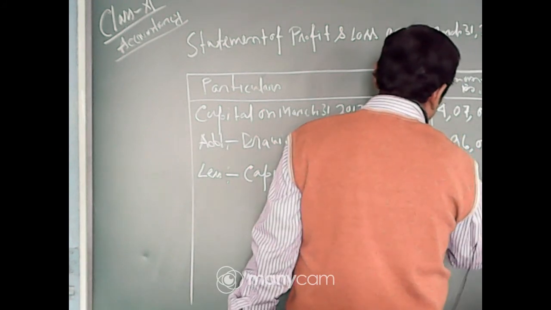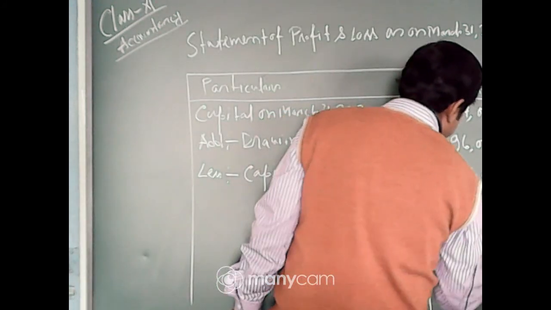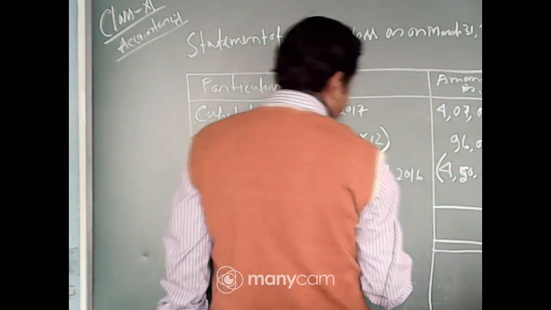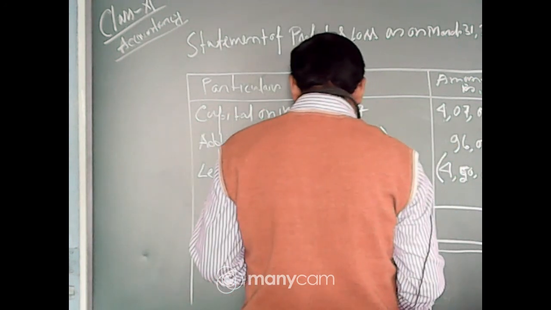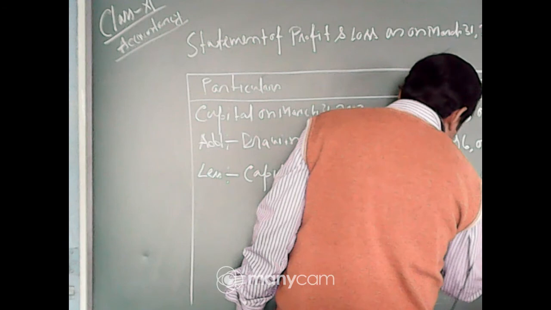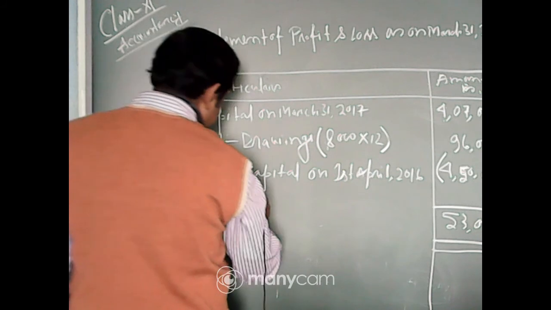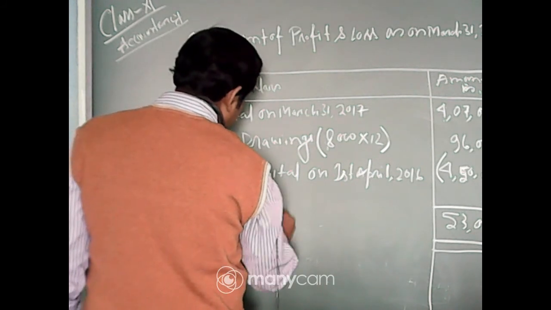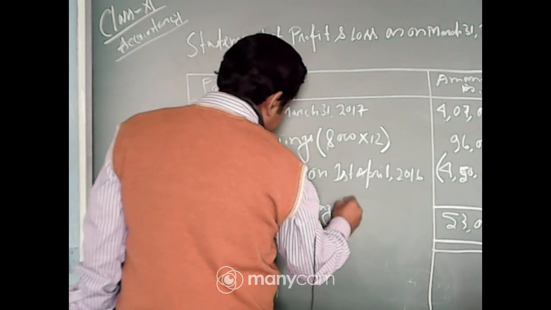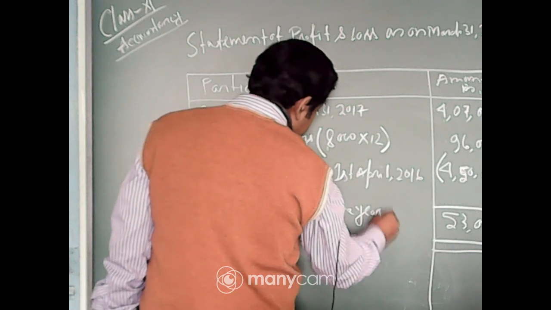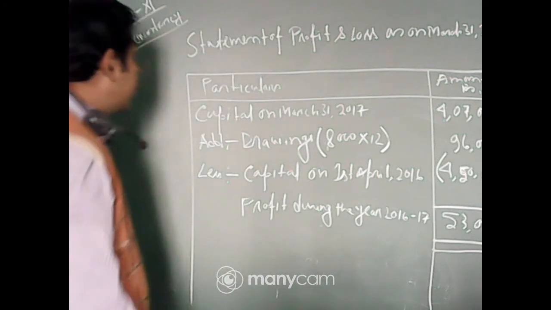So that you have to deduct. There is nothing else, no additional capital. So you just sum these two, and from this you deduct it, that comes to 53,000. And that is called profit during the year 2016-17. Okay, so that is very simple.